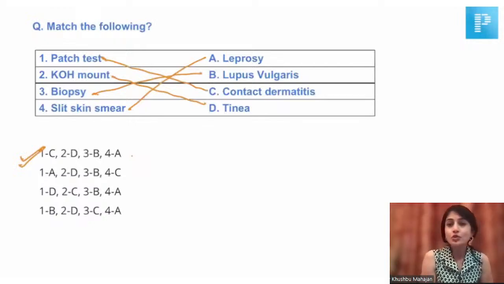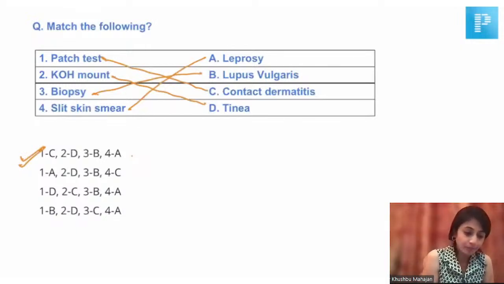So again, these two questions I assume were quite easy for you. Clofazimine basically gets deposited in the lipofuscin granules, and it deposits itself in the skin, giving rise to an orangish red pigmentation and also ichthyosis.